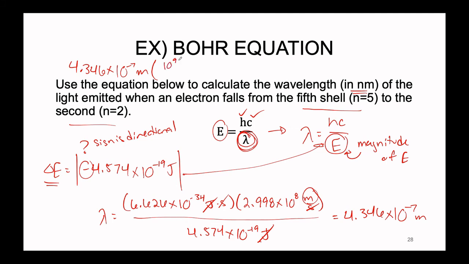Again, 9 starts with an N, nanometer starts with an N, and this is how we can remember exactly which conversion it is that we need. So meters cancel out, we're tacking on a 10 to the 9 here, giving us a final wavelength that is 434.6 nanometers.